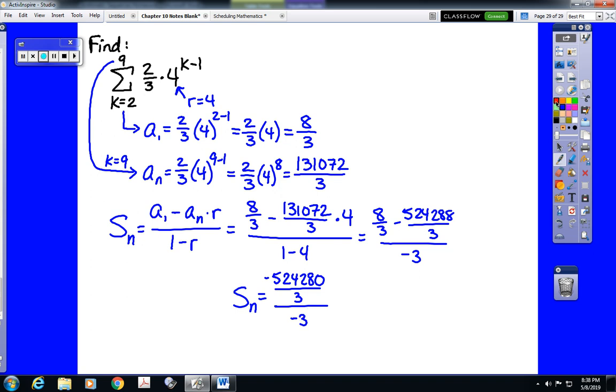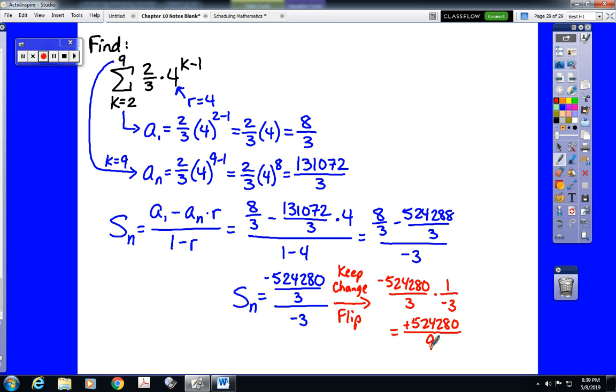Well, if we're dividing by negative 3, we can keep, change, flip to do negative 524,280 over 3 times negative 1/3, which would give us negative 524,280 divided by, it would be positive because there's a negative on top and a negative on the bottom.